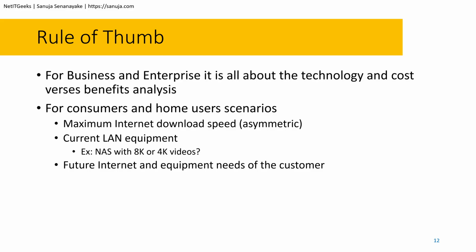So for business and enterprise, it is all about the technology that they use inside the building and the cost versus benefit analysis. If it is a technology company that uses the highest speed, highest technology, highest internal communication systems, they might ask you to upgrade their cabling infrastructure maybe every decade, but for most businesses, not even that.